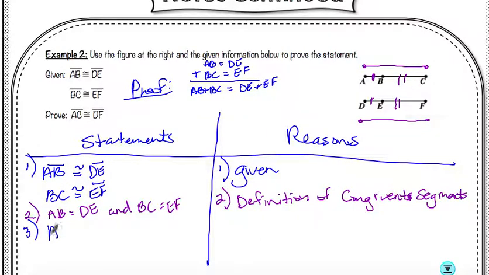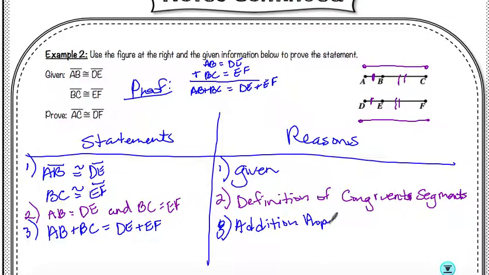Okay? AB plus BC equals DE plus EF. All right? And because we added two equations together, this is considered the addition property of equality.